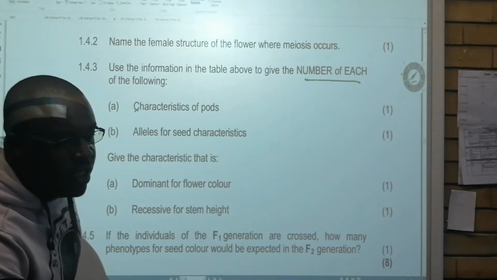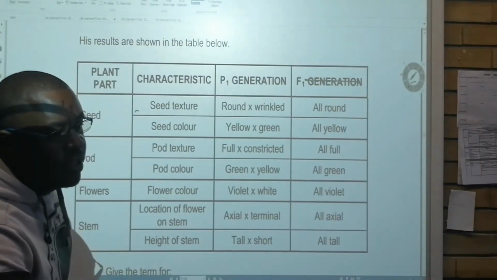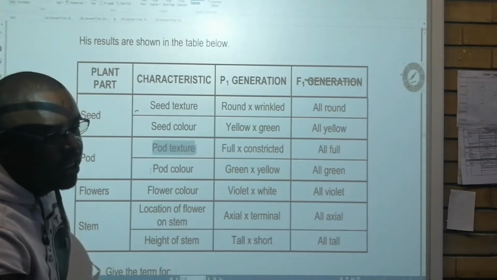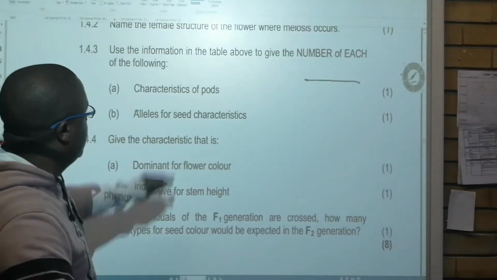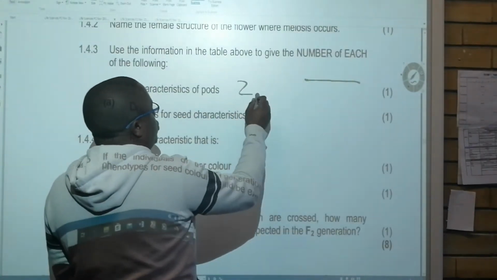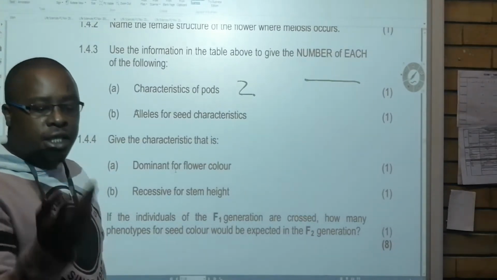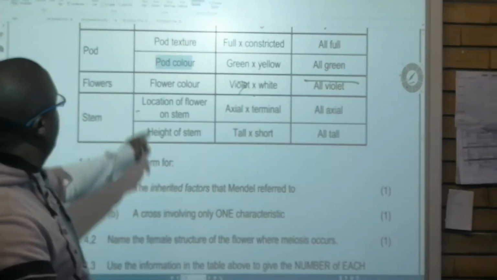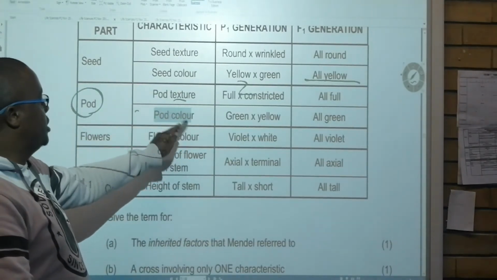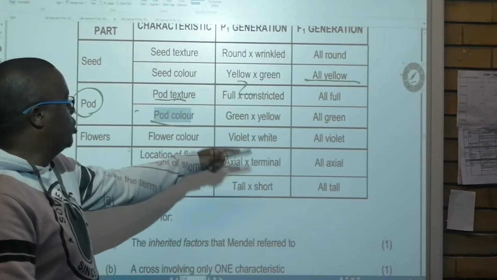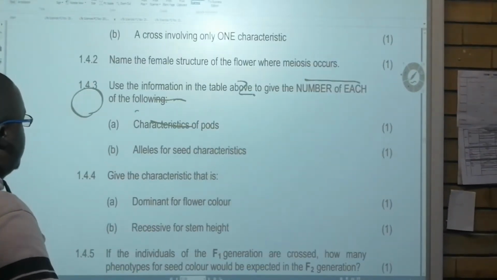How many types of characteristics on pods did we look at? We looked at pod texture and pod color. So what becomes our answer here? The answer was 2, because we looked at 2 characteristics on pods: pod texture and pod color. If I'm looking at the table, under pods, we look at pod texture and pod color. Right, let's continue. I hope you got that.